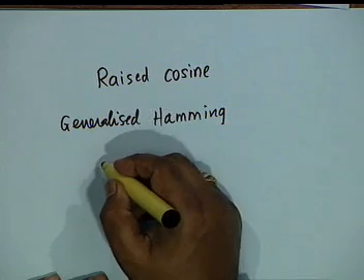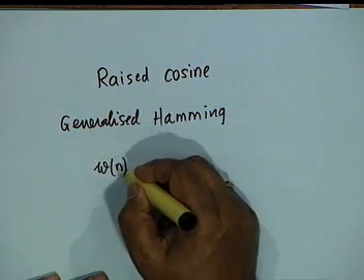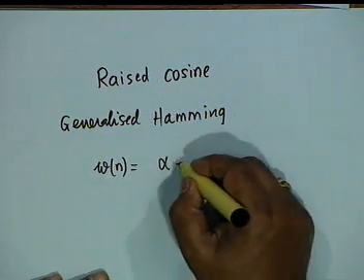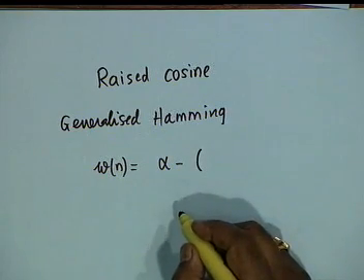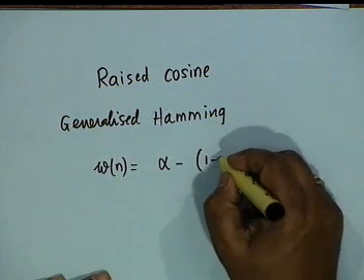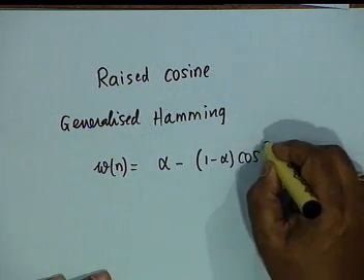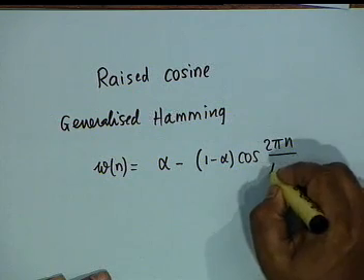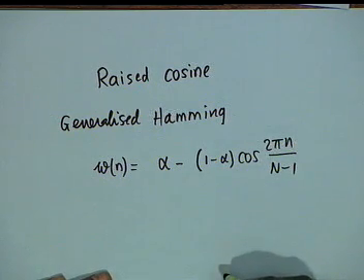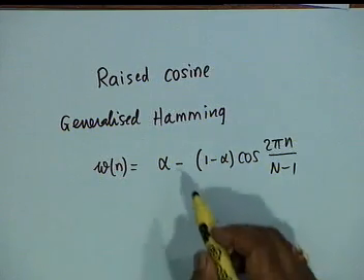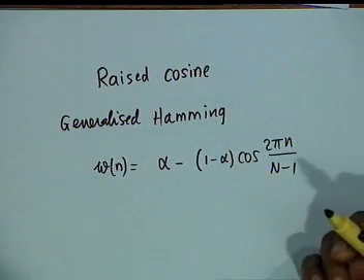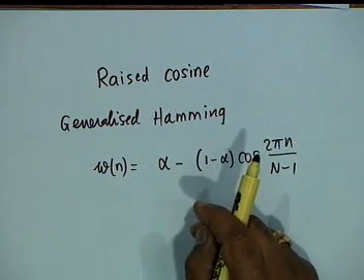Use alpha. So generalize the Hamming window as alpha minus, the next one must be 1 minus alpha, cosine of 2 pi n divided by N minus 1. Generalized Hamming window, where alpha you now vary to suit your requirements.